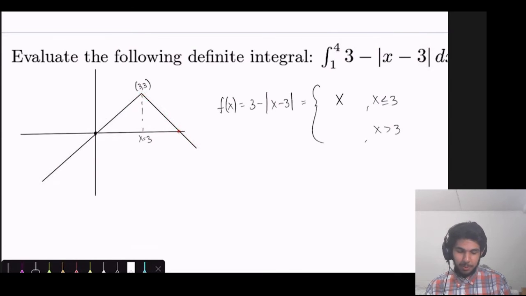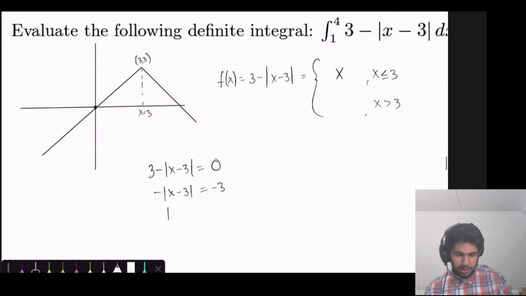We should find another point on the line. So perhaps, let's see where it intersects the x-axis. So we would want 3 minus this value to be equal to 0. So we want negative absolute value of this to be negative 3. We want the absolute value of x minus 3 to be equal to 3. So that means x either equals 6 or 0.